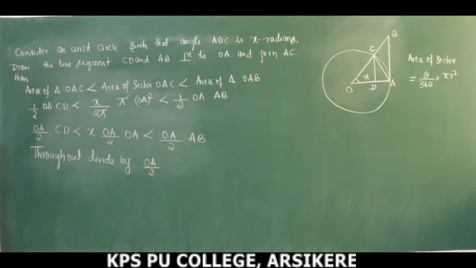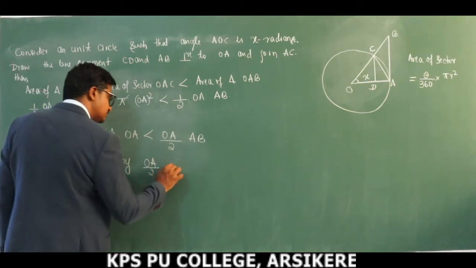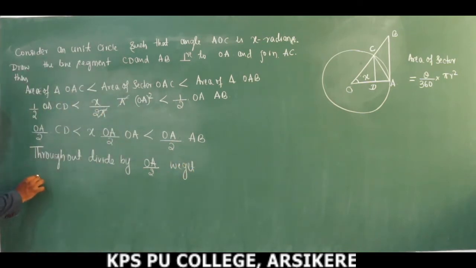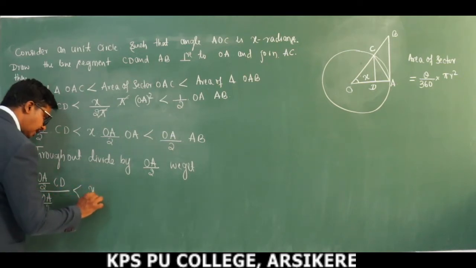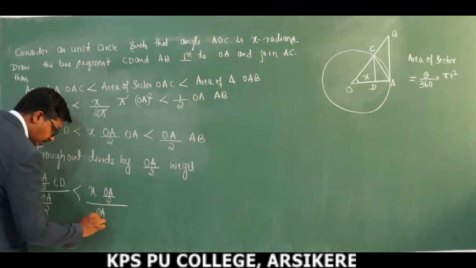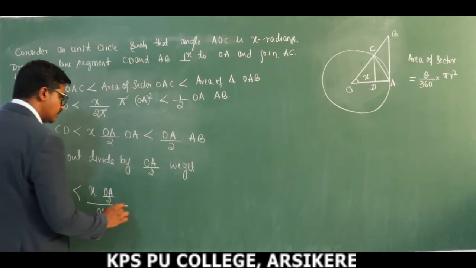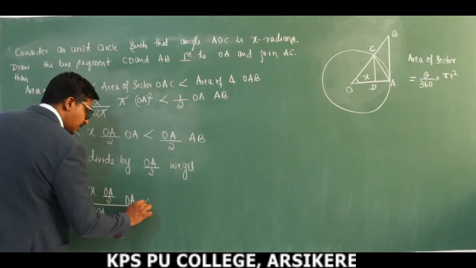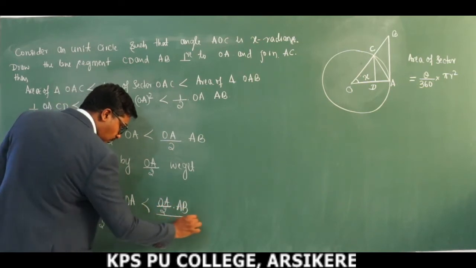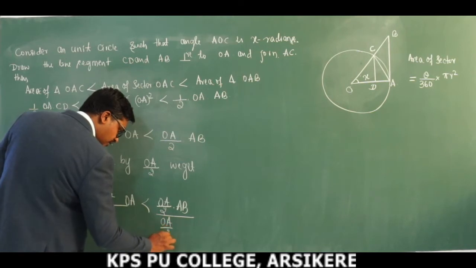So on the left hand side, the first term is OA divided by 2 into CD, whole divided by OA divided by 2, less than x into OA divided by 2 whole divided by OA divided by 2 into OA, less than OA divided by 2 into AB whole divided by OA divided by 2.